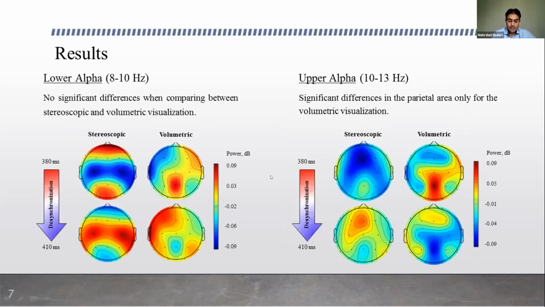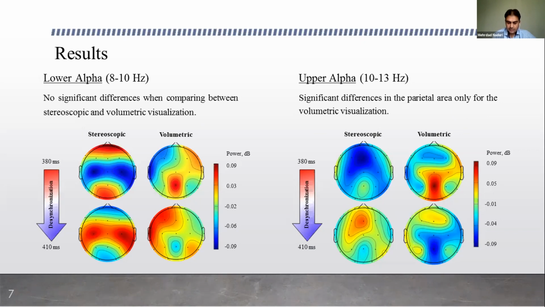Okay, now notable changes were observed in the event-related desynchronization in the alpha activity. The lower and upper alpha event-related synchronization is shown in the topographical map. As seen, the synchronization in the lower alpha is the same in the 2 types of 3D visualization.